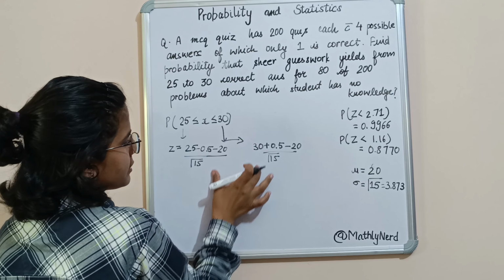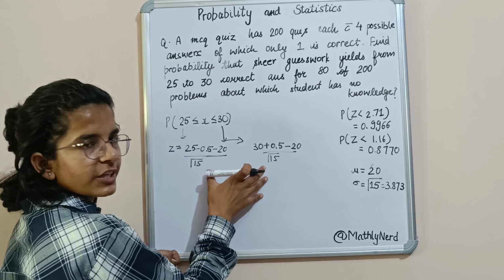So these are our values for the standard normal variate as limits.